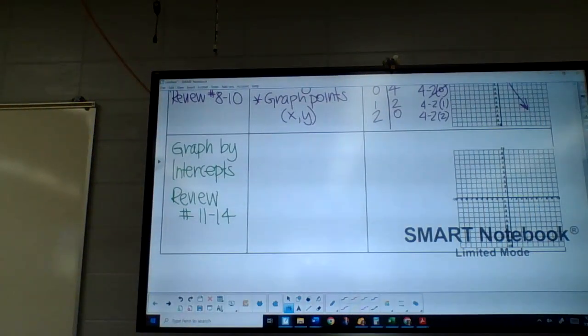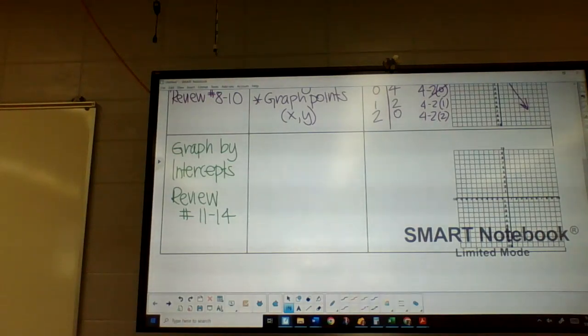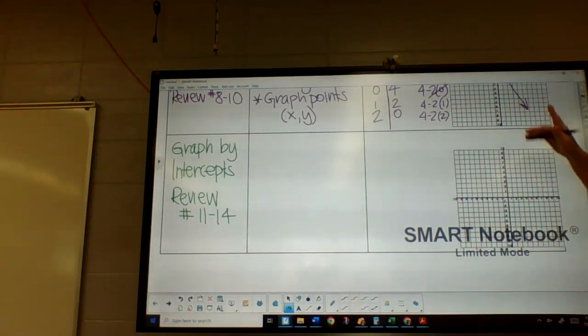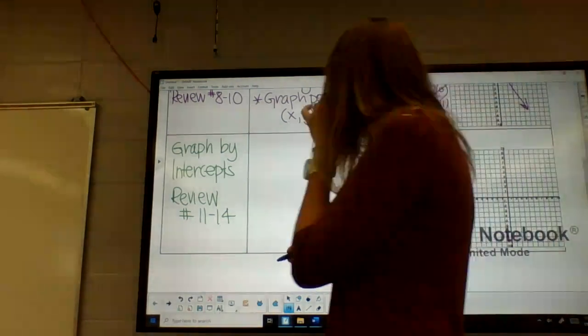This is where we find each of those 2 points, get those drawn on our graph, and are able to draw the line. So you only have to find 2 points rather than finding a whole table of points.